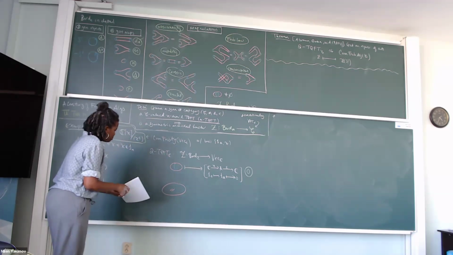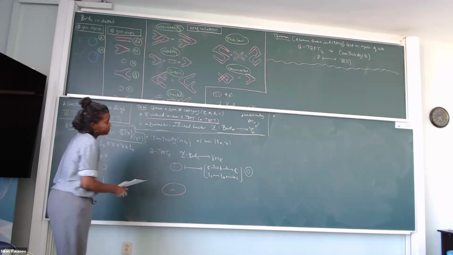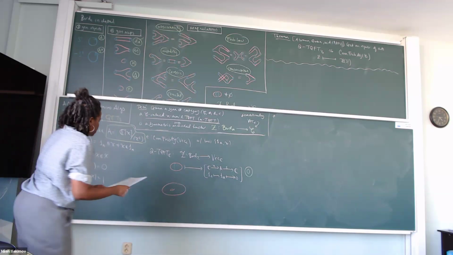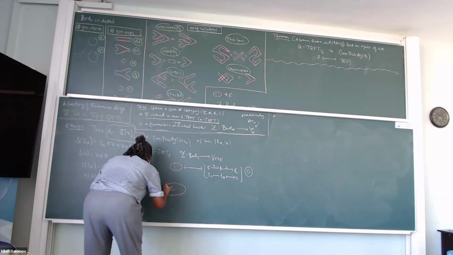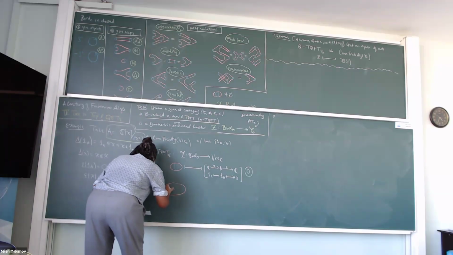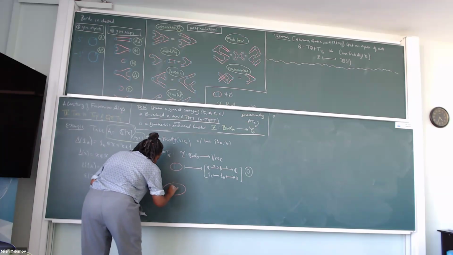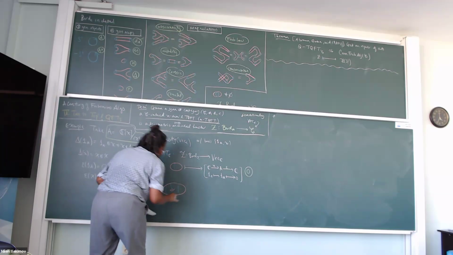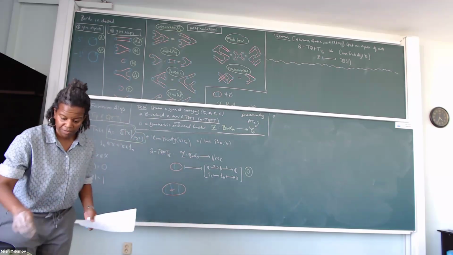So I need to take this and break it up into these generators. So I'm going to do a hat. And then I have one input, and then I'm going to do some hands here. Co-hands, and then a cup.